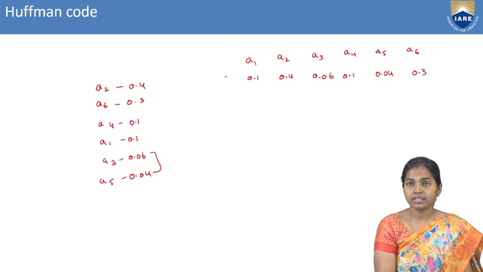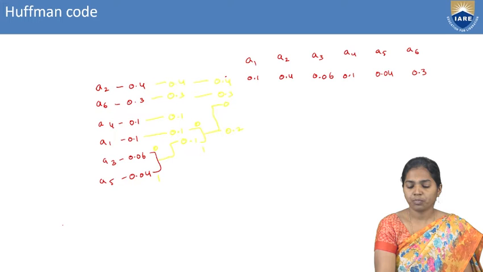So first add these two. Here it is 0.1, 0.1, 0.1, 0.3 and 0.4. Next add these two, 0 and 1. Here the value is 0.2. Here it is 0.4, 0.3.